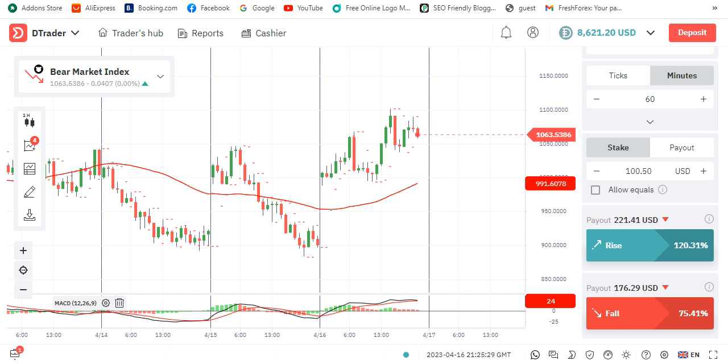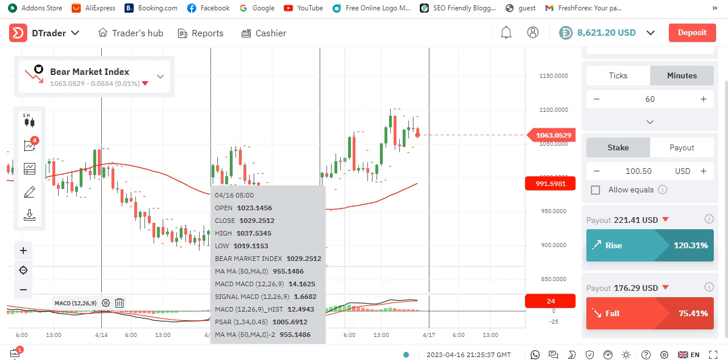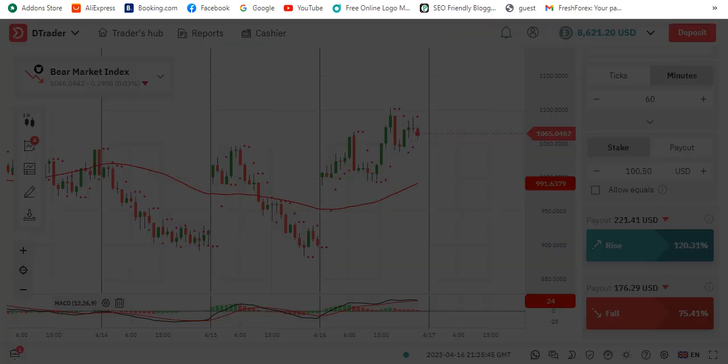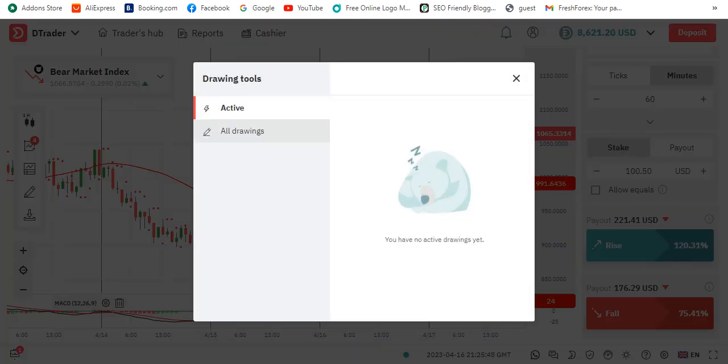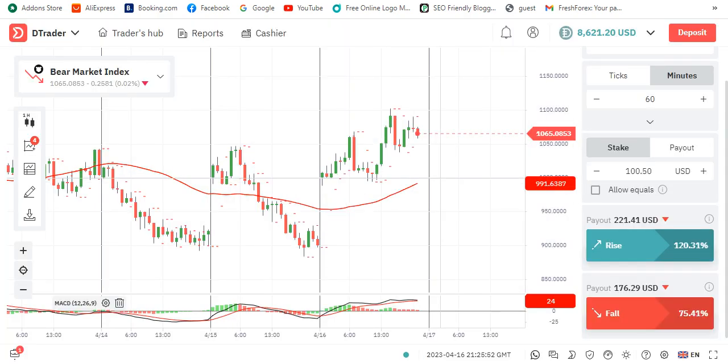I don't like the way this thing is causing obstruction. Okay, you can see that the first move caused, okay, you can see at this level. Let me use this horizontal line.